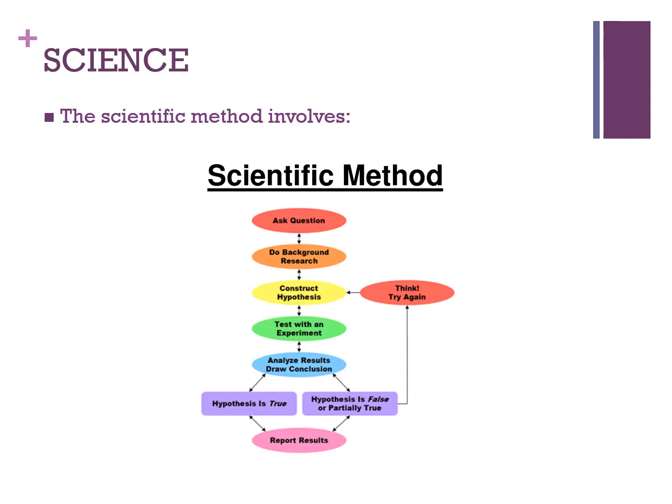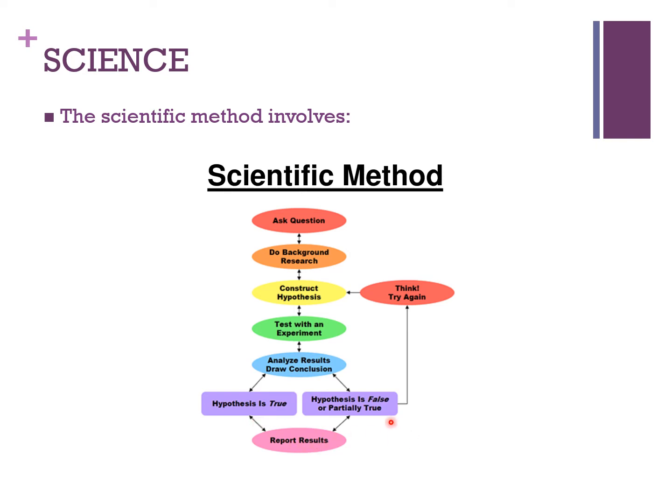The scientific method involves asking a question, doing background research, constructing your hypothesis, testing with an experiment, analyzing the results and drawing a conclusion. If your hypothesis is true, you can report your results.